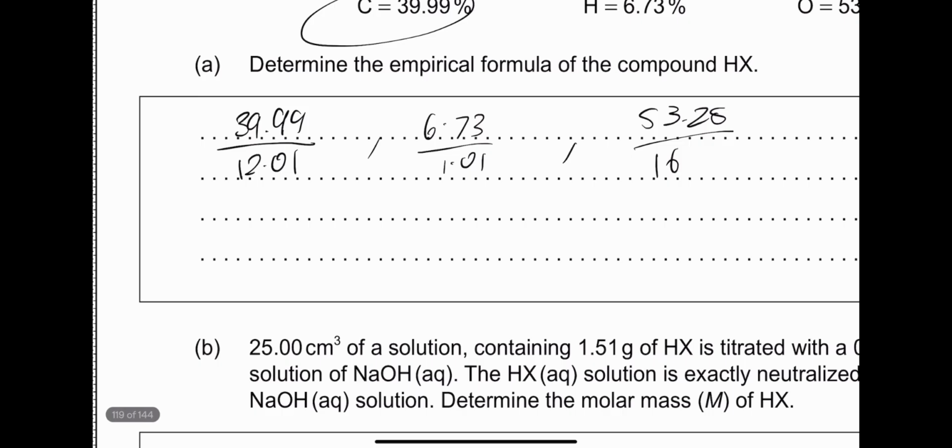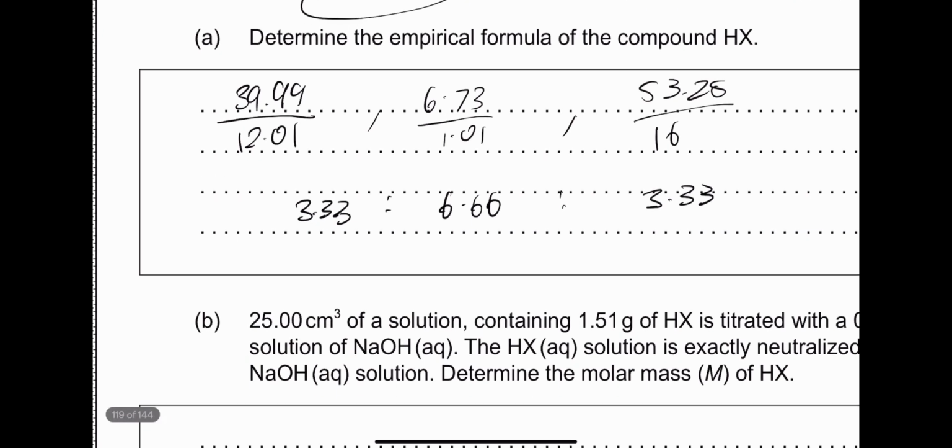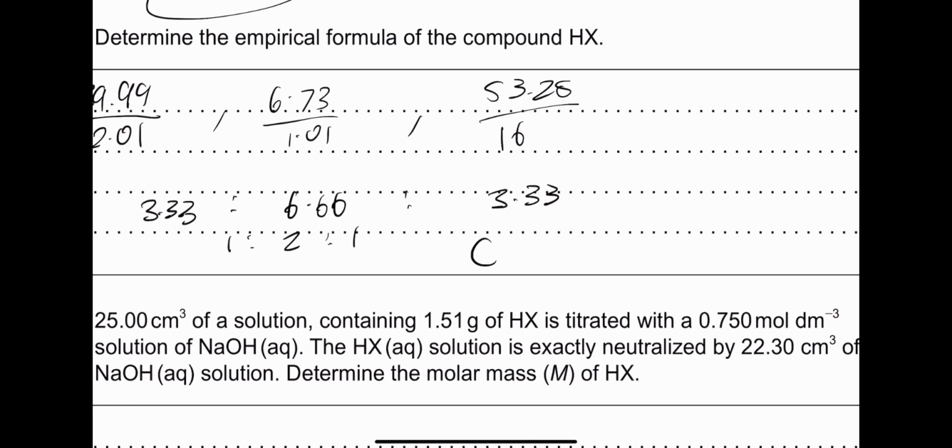Okay, and that gives us our values: this one will be roughly 3.33, this one will be 6.66, and this one will also be roughly 3.33. And then when we simplify this, we'll get 1 to 2 to 1, and that gives us the empirical formula of CH2O, which is our answer.